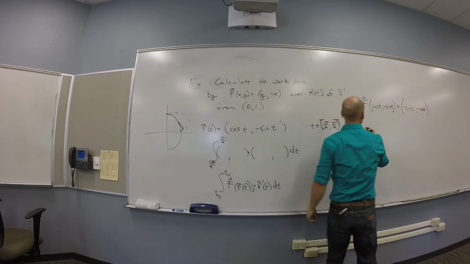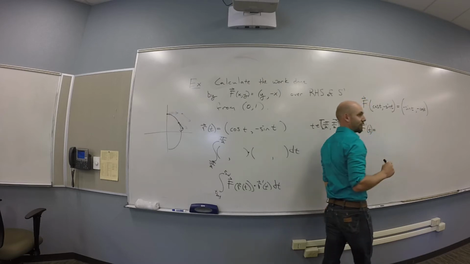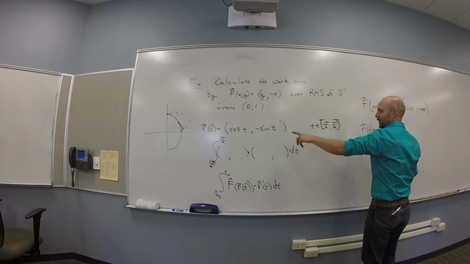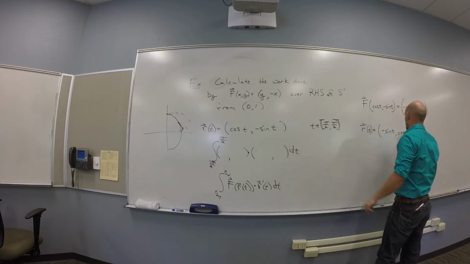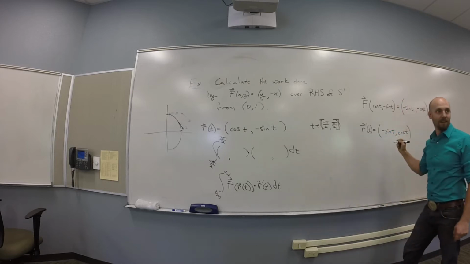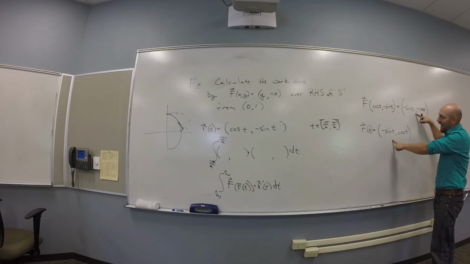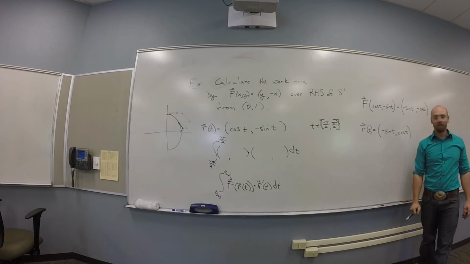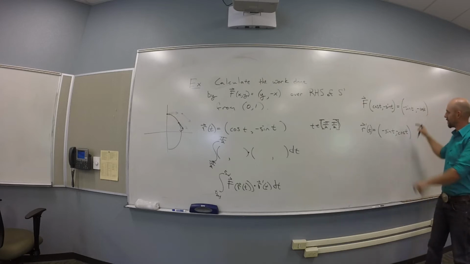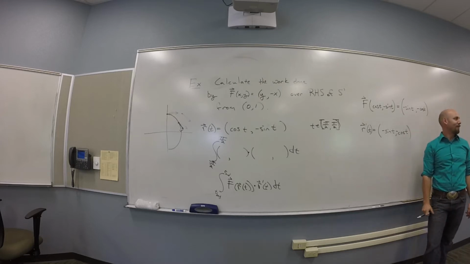Okay. Now I also need to calculate r prime of t. Which is negative sine t, comma, negative cosine t. Wait, those are the same. What the f? What's up here? Wait, isn't it supposed to be negative cosine t? It's negative cosine t. Now they're the same. What the f? Yeah. I got ahead of myself.